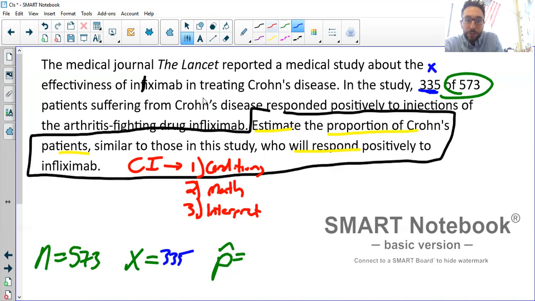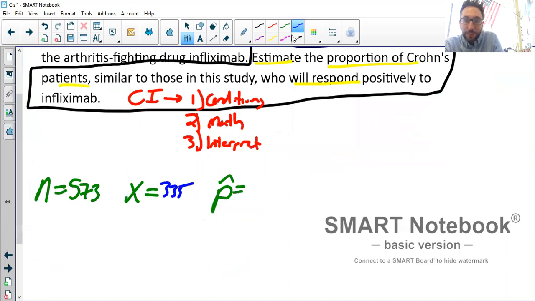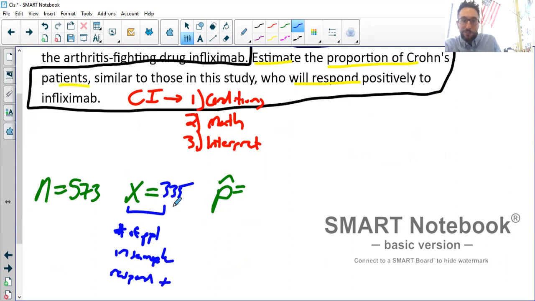P hat, right? So in this context, X represents the number of people in the sample who responded positively to injections. P hat represents the percent of people in the sample who respond positively.